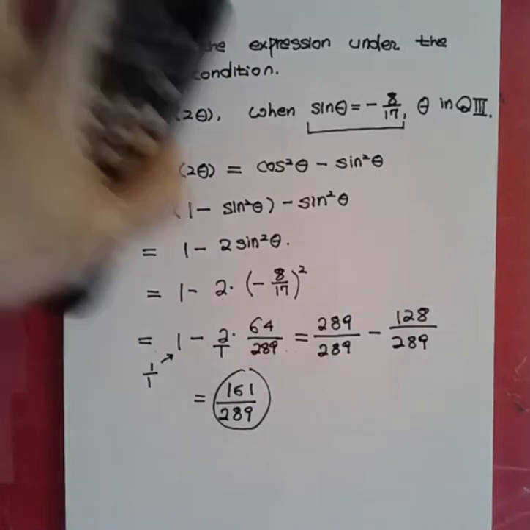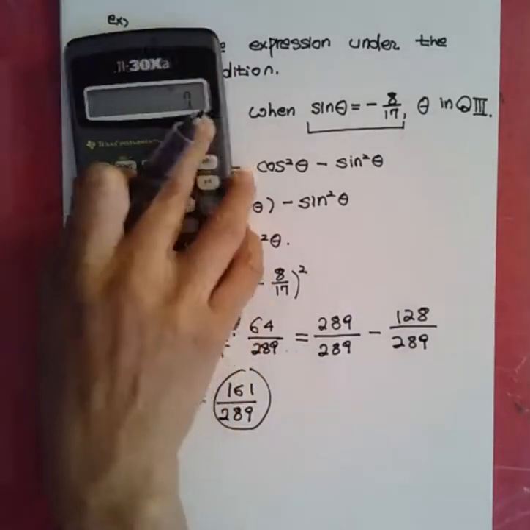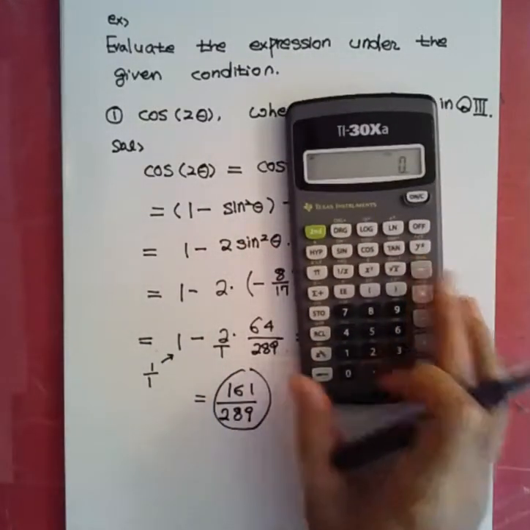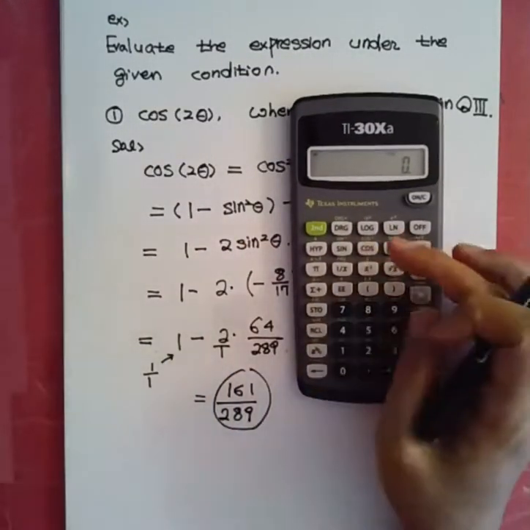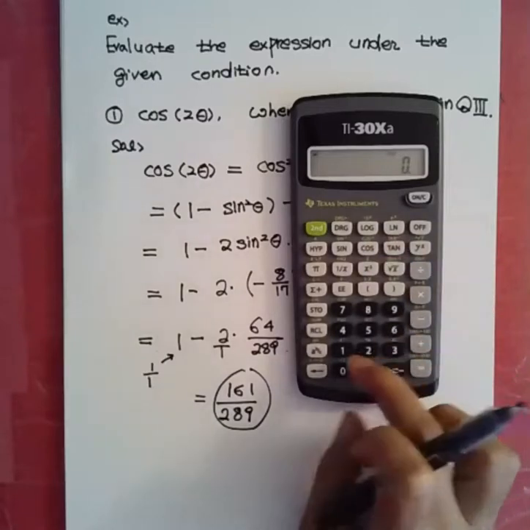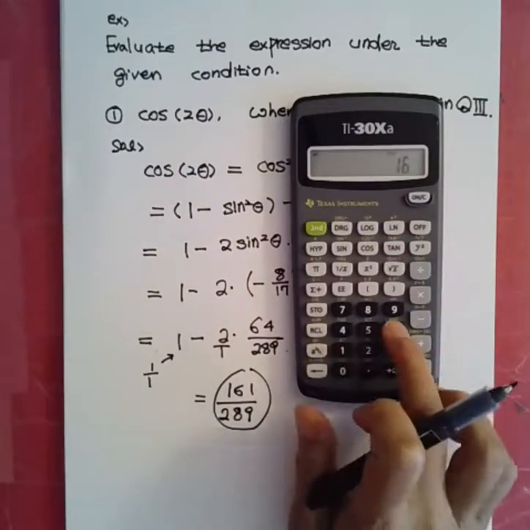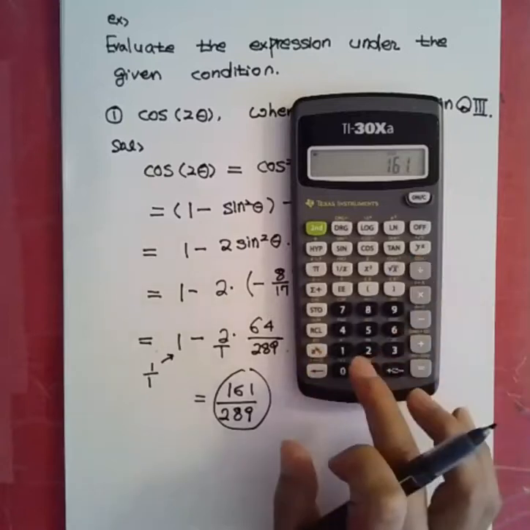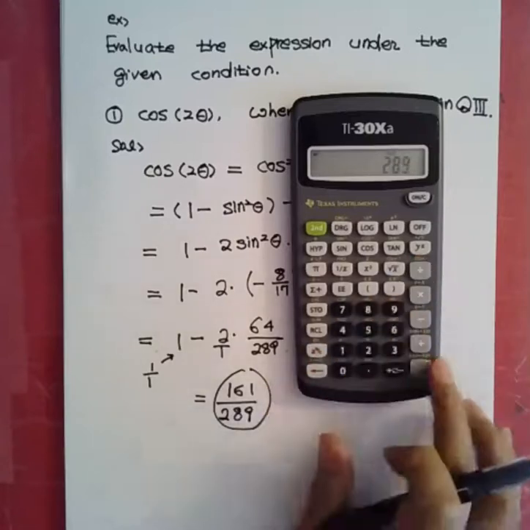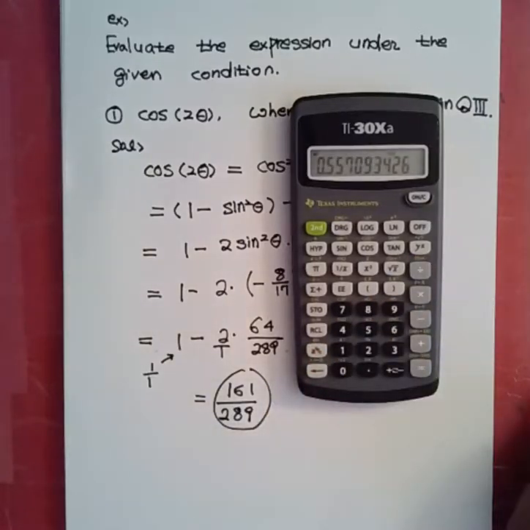If you're not sure whether that is the simplest form of the answer, then what you can do is you just put that in the calculator. 161 divided by 289, then get the decimal form of the answer.